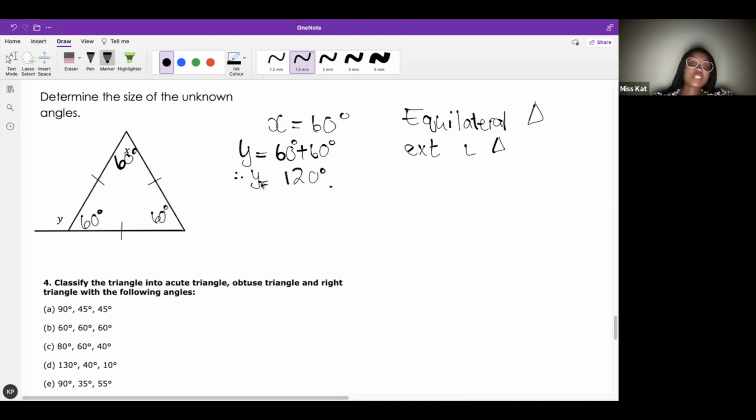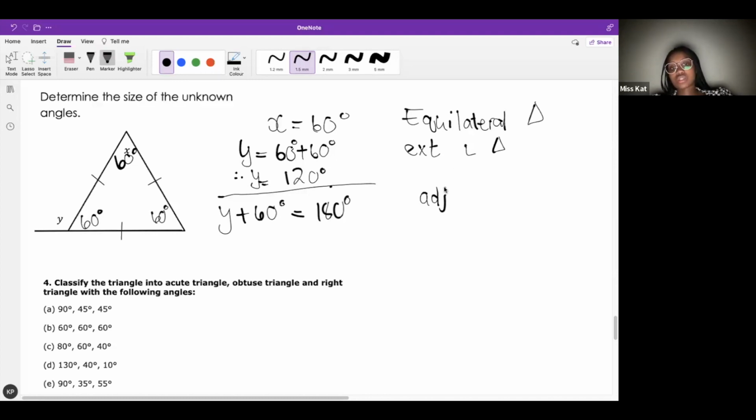Alternatively, guys, you could have said Y plus 60 degrees is equal to 180 degrees, because it's adjacent angles on a straight line. Then Y would have been 180 minus 60, therefore Y is 120 degrees. Whichever one you were comfortable with.